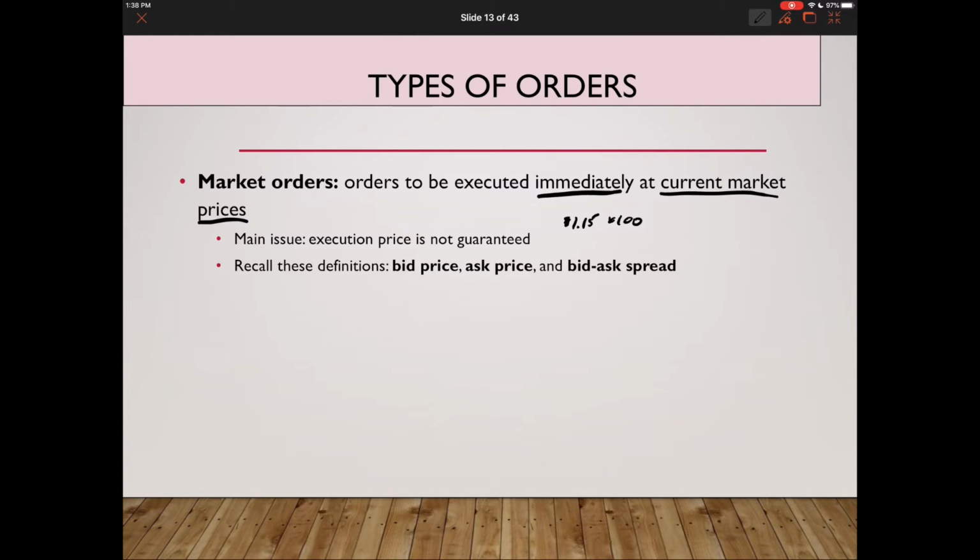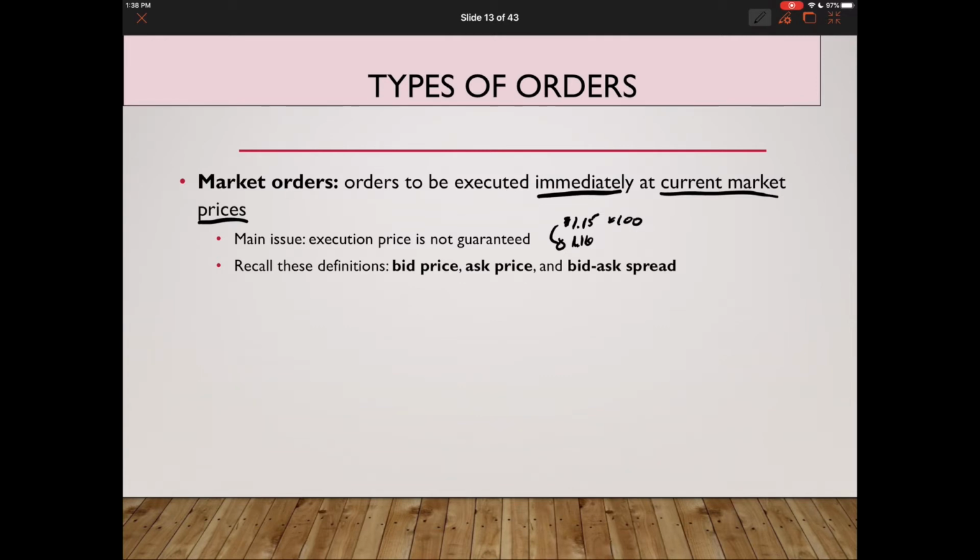That means they are willing to sell 100 shares at $1.15, but let's say you want 200 shares. You would have to go down to the next ask price, which will probably be a little bit higher, to fulfill your total purchase. And share prices are fluctuating at rapid speeds, so your execution price is not 100% guaranteed.